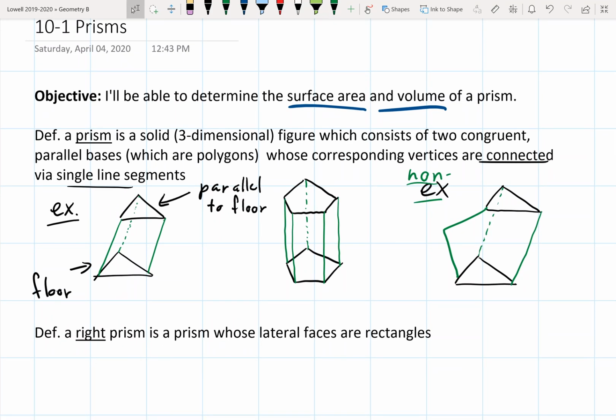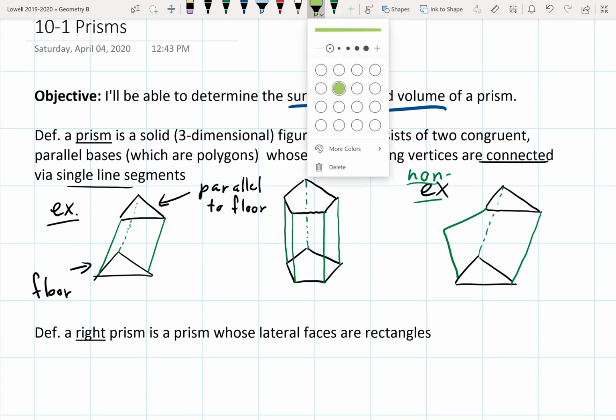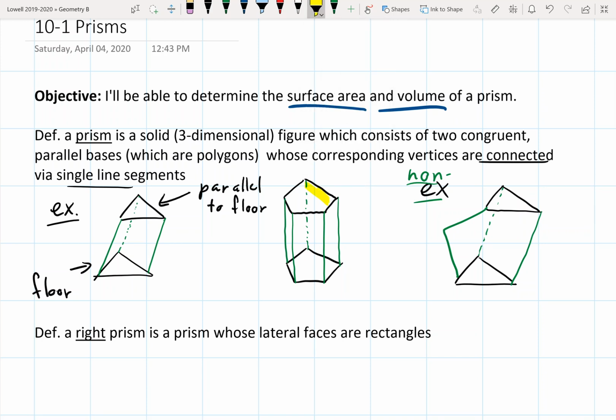Okay. When naming these prisms, we name them by their bases. So the 2 congruent sides that are parallel to each other are the bases. So in this case, I'll highlight them. In this pentagon one, the pentagons are the bases. And in this one with the triangles, the triangles are the bases because they're parallel.